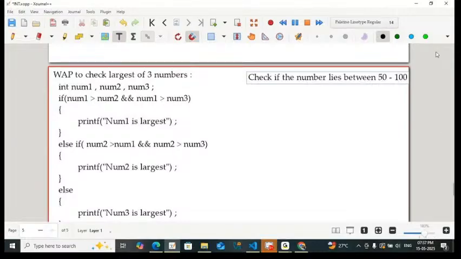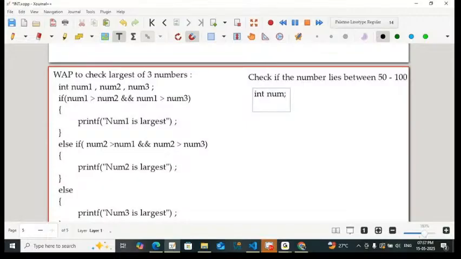Okay, so assume I have a number. What should be the condition? So in order to check if the number lies between 50 to 100, I cannot decide based on just number is greater than 50.